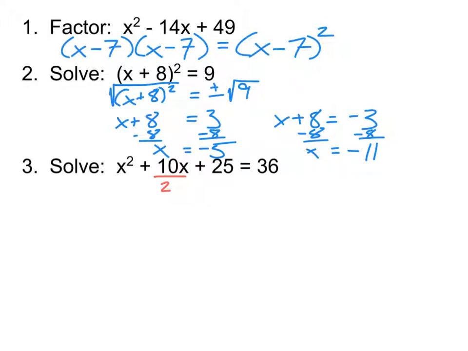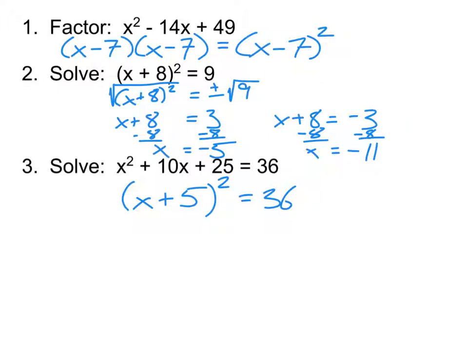That tells me I'm going to be able to rewrite this whole thing as parentheses squared. If you prefer to think of it as what two numbers add to 10 and multiply to 25, you get to the same place. You should end up here with x plus 5 squared, and that still equals 36, because all we did was factor the left-hand side.